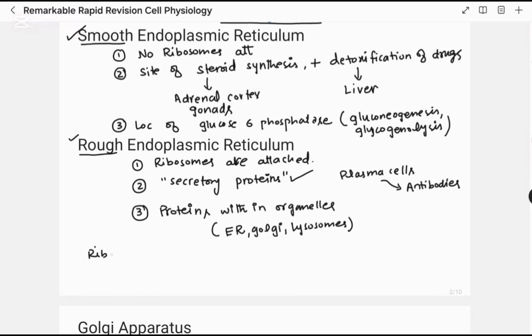But ribosomes, which is in fact the factory of protein synthesis, it is responsible for the release of cytosolic or mitochondrial or peroxisomal proteins.